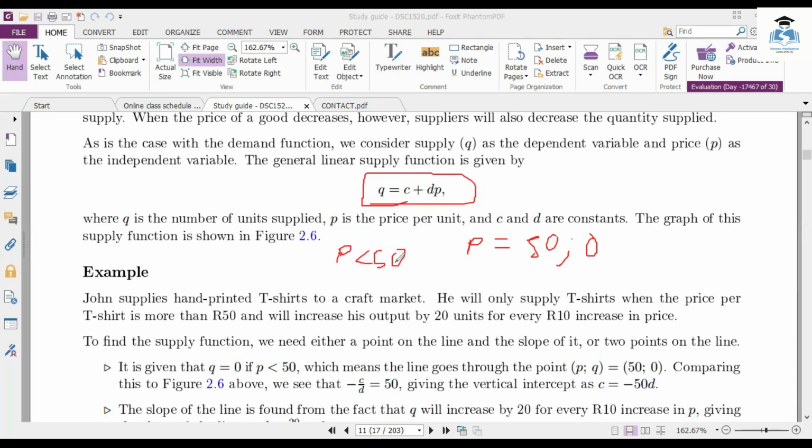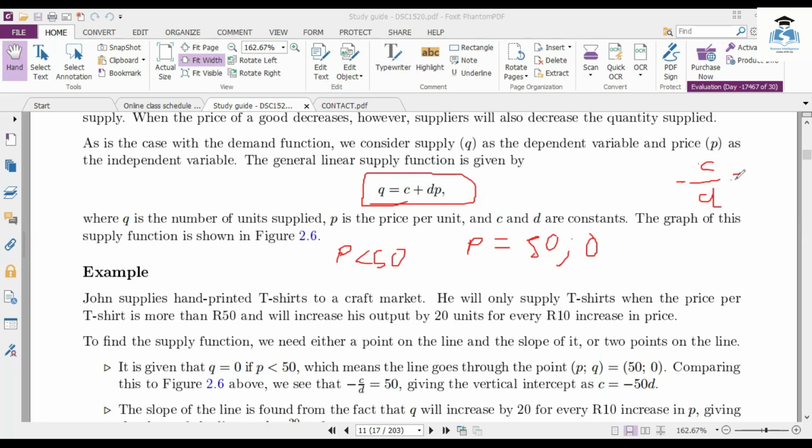Okay. So then we move on. Remember I was saying that from that graph, where we talked about the gradient, the slope, the gradient will be minus C over D, right?